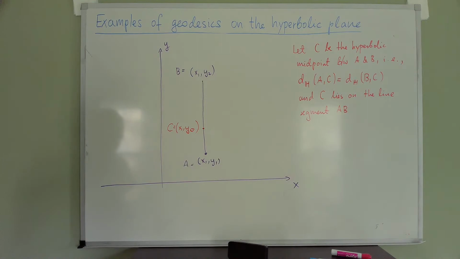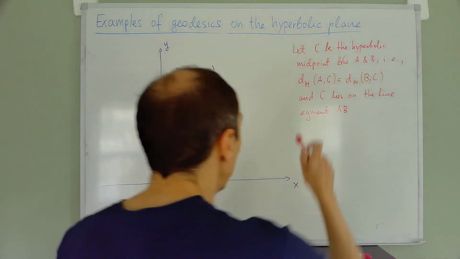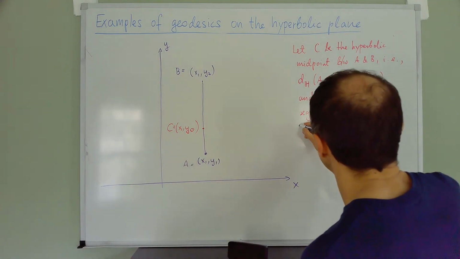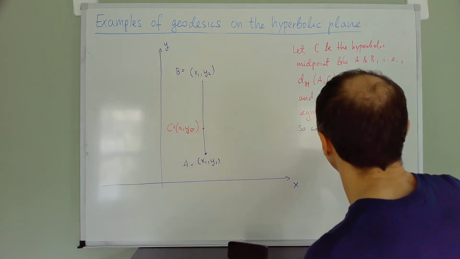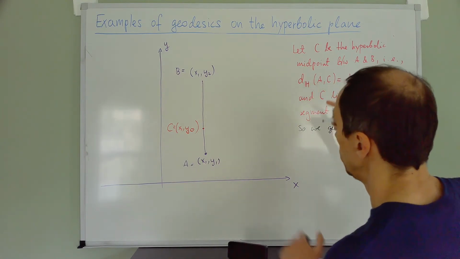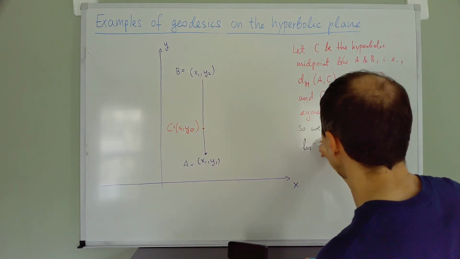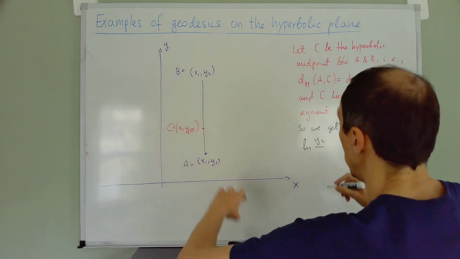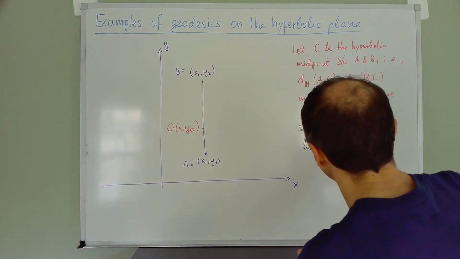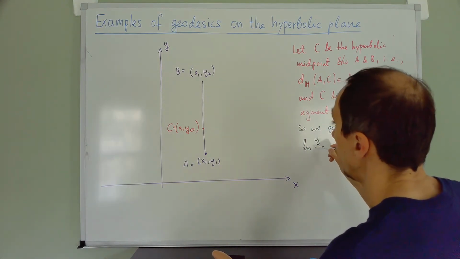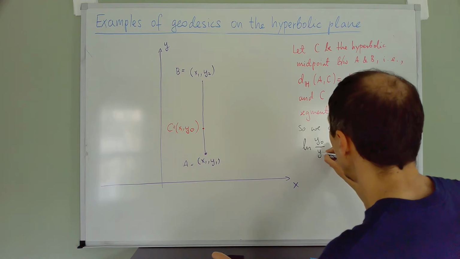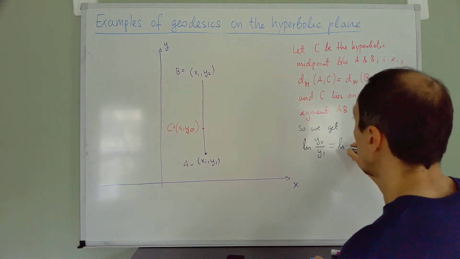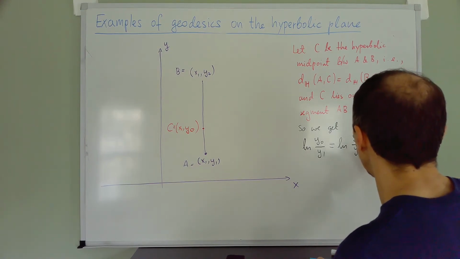And okay, because of this equality, the distance between A and C, that's just the natural log of y0 divided by y1. And the distance between B and C, that's just the natural log of y2 divided by y0.